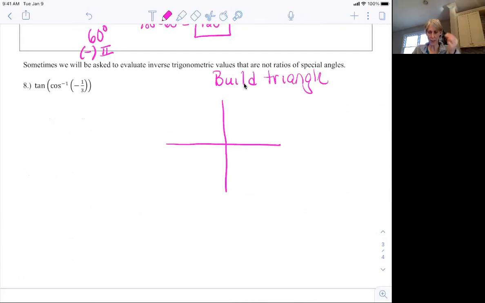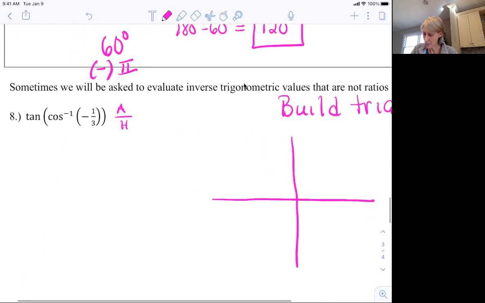That's my function value, right? And I know when the cosine is negative, according to inverse trig, I'm going to be building my triangle in the second quadrant. There's my angle in quadrant 2.